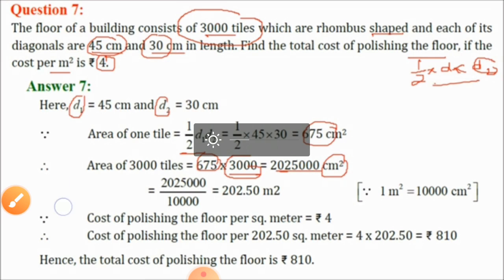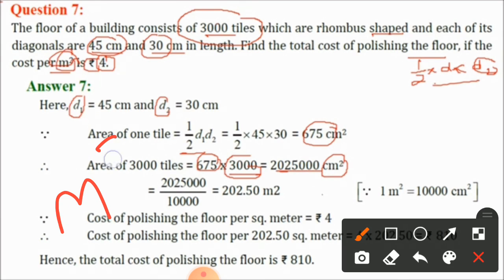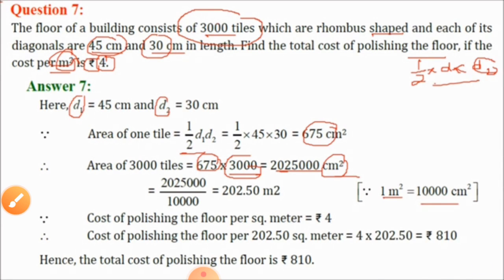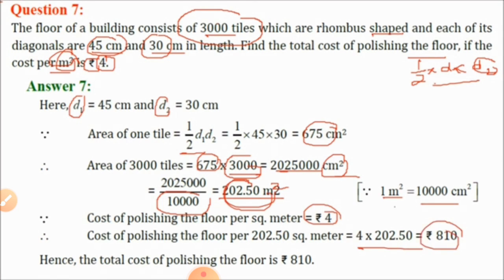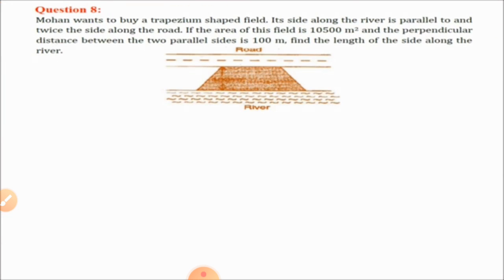By mistake M2 is written, but it's meter square. Good. So the final answer is 810 rupees. You just simplify, because you can do these types of things yourself. Correct. So make it here as the final answer.